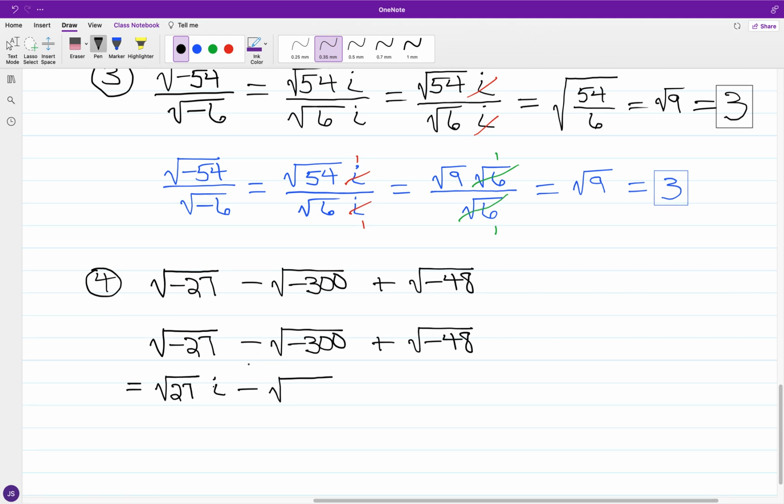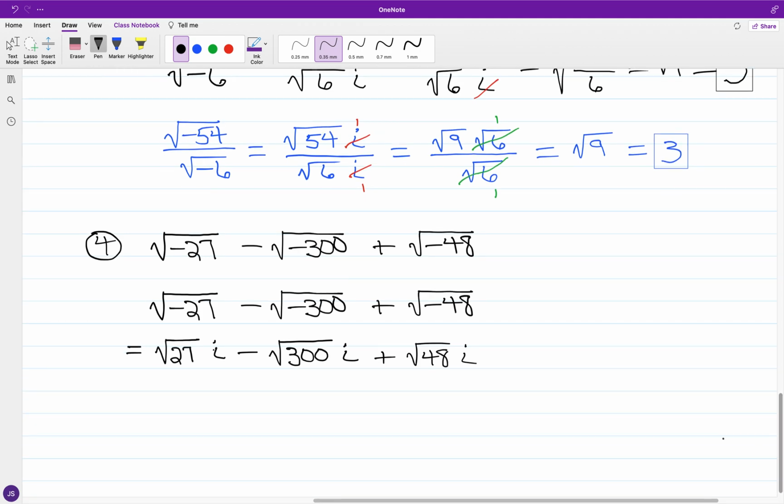For the minus, the square root of negative 300, we have the subtraction of the square root of 300 times i. And for the square root of negative 48, we have the square root of 48 times i. So all these terms are in the variable i.